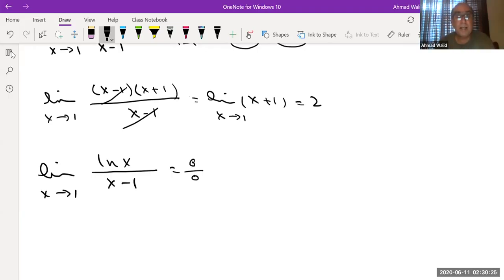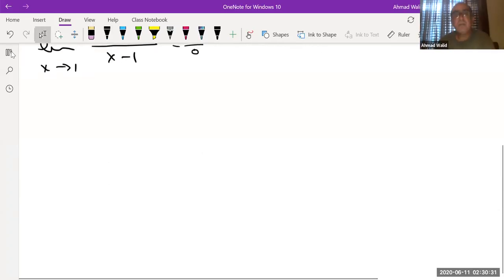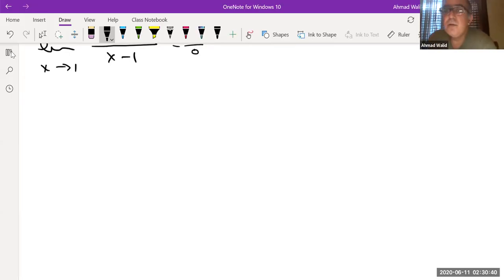Then how do you deal with these problems, correct? Now, I'll give you a general form, then I'll introduce the L'Hopital's rule, which makes your work very easy to deal with indeterminate forms of limits, correct?